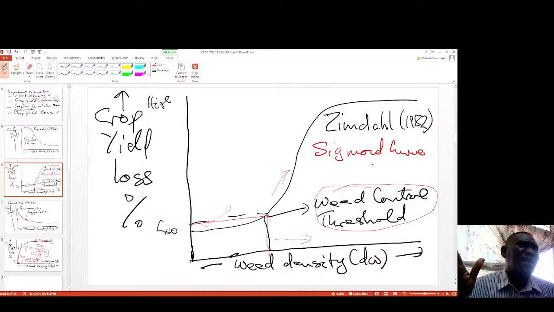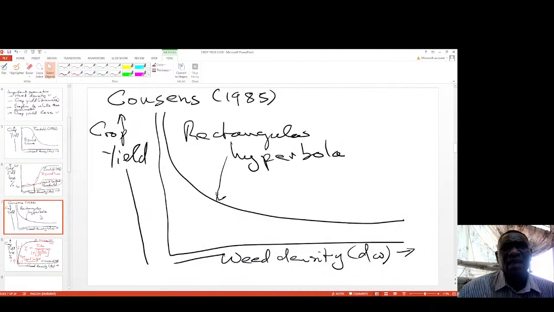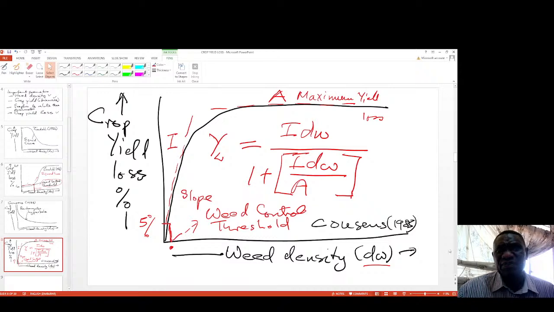Zimdar has got a sigmoid curve, whereas Cousins has got a rectangular hyperbola. So this is a rectangular hyperbola.